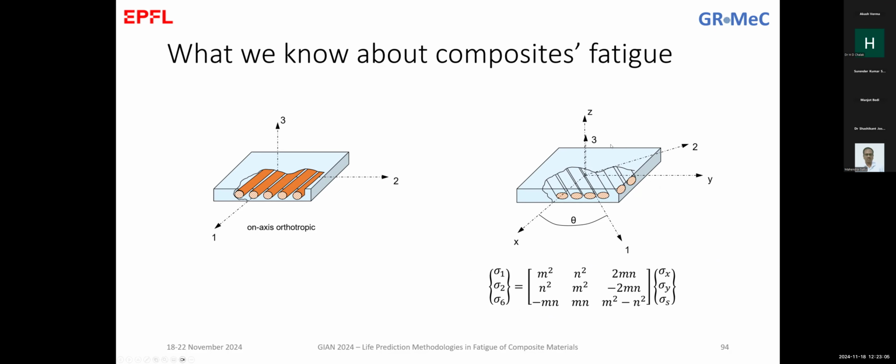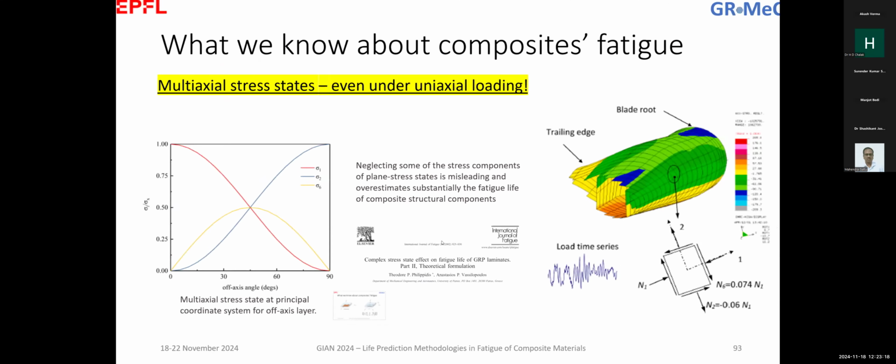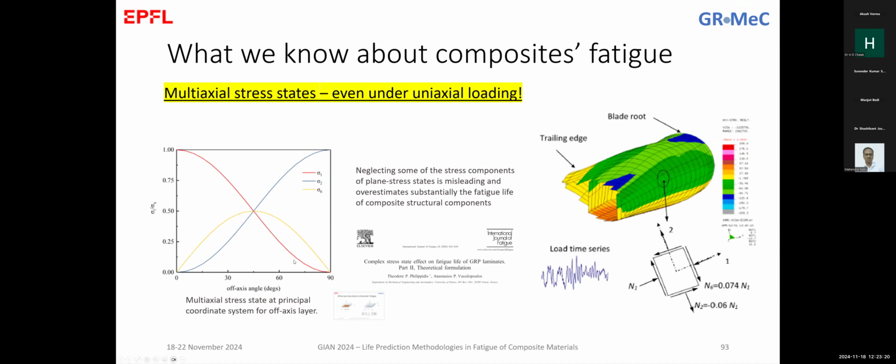If we load the composite material, an anisotropic material in general, off-axis, then the stress state in the material is already a multi-axial stress state. So coming back here, we always have a plane stress condition, because we assume that composite structures are thin-wall structures. So we have a plane stress everywhere.